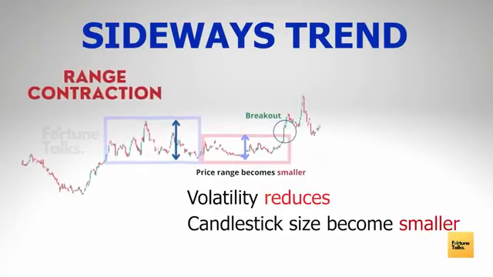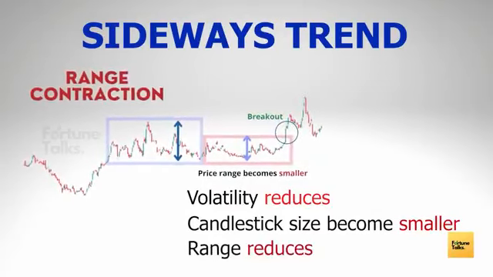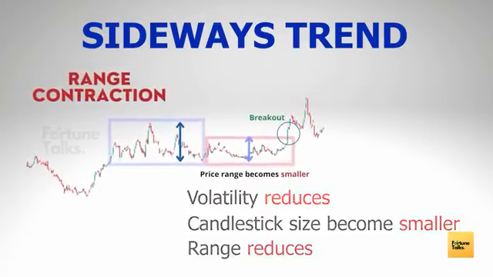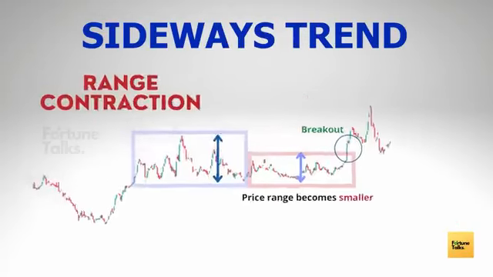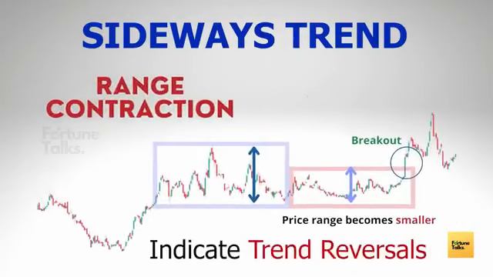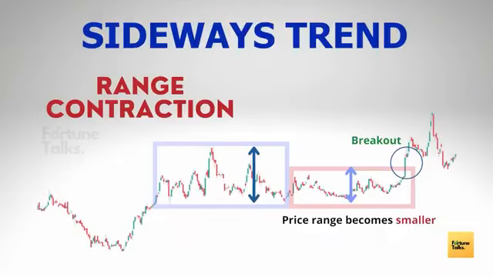The high and low range or levels get narrower or closer to each other. And this is a strong indication that a trend reversal is coming soon. That is, if there was a prior downtrend, now the trend might change to an uptrend. But it is just an indication, it is not for sure.